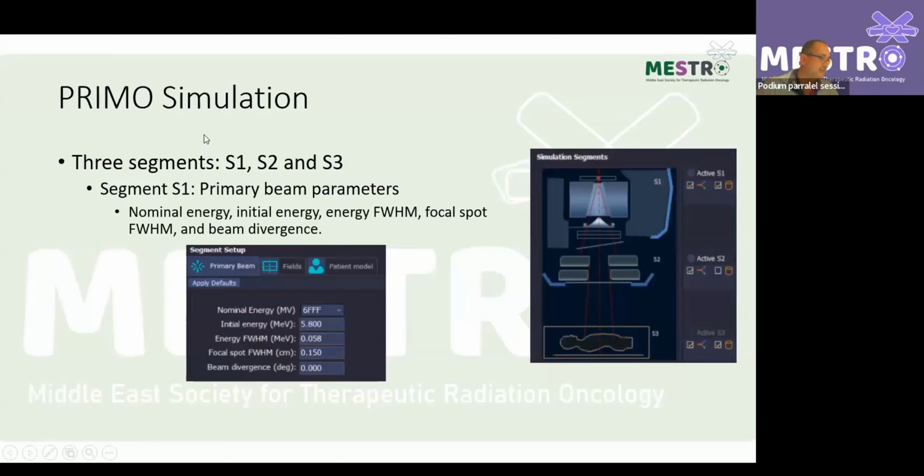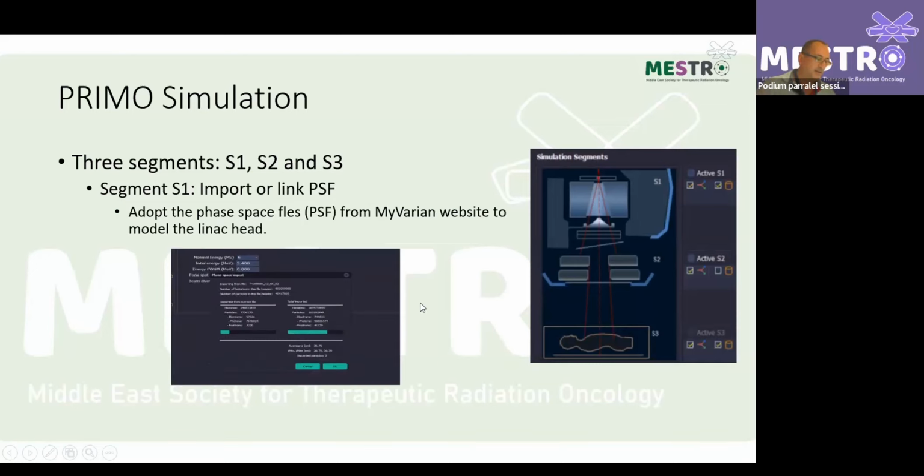The PRIMO simulation setup consists of 3 segments, S1, S2, and S3. S1 is the upper part of the head of the linac. To simulate S1, the primary beam parameters here can be edited or tuned to match the PDDs and the profiles between PRIMO and Eclipse, and that is done via an iterative process until a match between PRIMO and Eclipse is achieved.